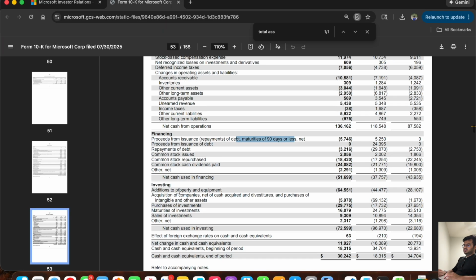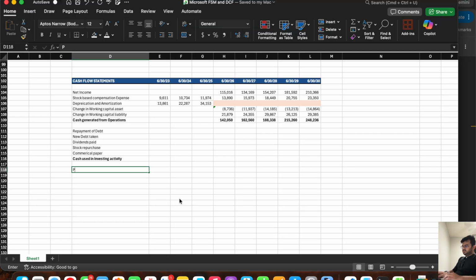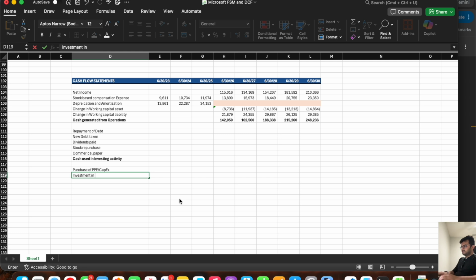Okay. Then the next one is investment activity. Investment activity is simple: the purchase of PPE, or in other words, simply called capital expenditure. Then investment in non-current assets.